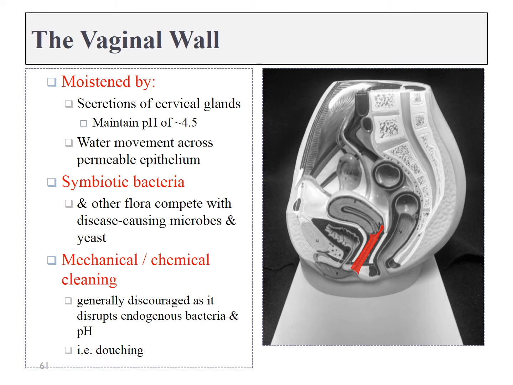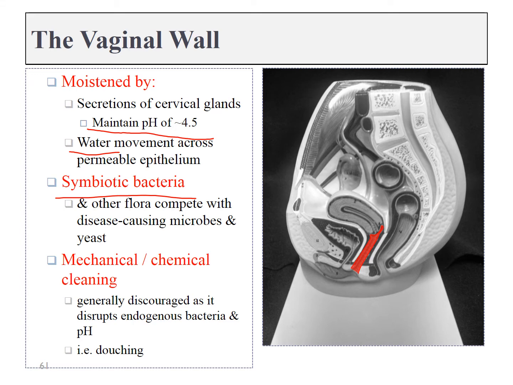This includes the movement of water and other molecules into the lumen of the vagina, including the movement of protons, which helps to keep an acidic environment within the vagina, which helps to slow the growth of a number of microorganisms, at least microorganisms that don't prefer these acidic environments, such as a number of bacteria and funguses that our bodies have allowed to colonize the vagina.